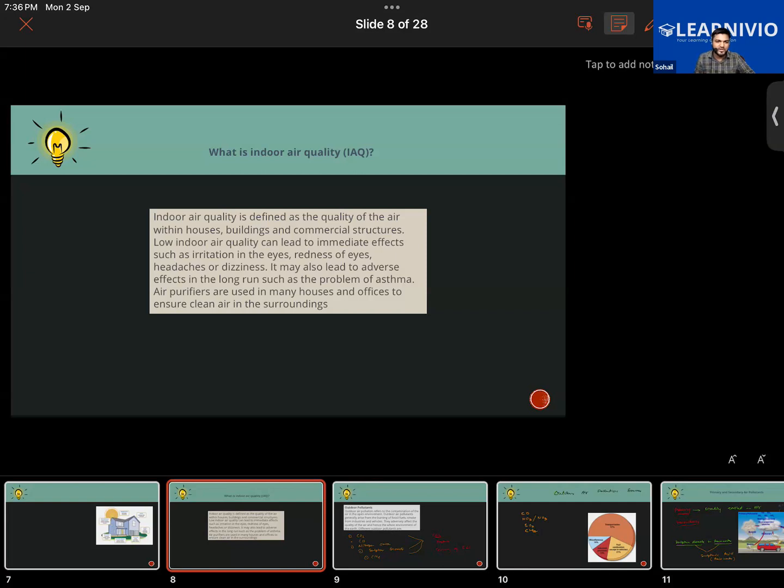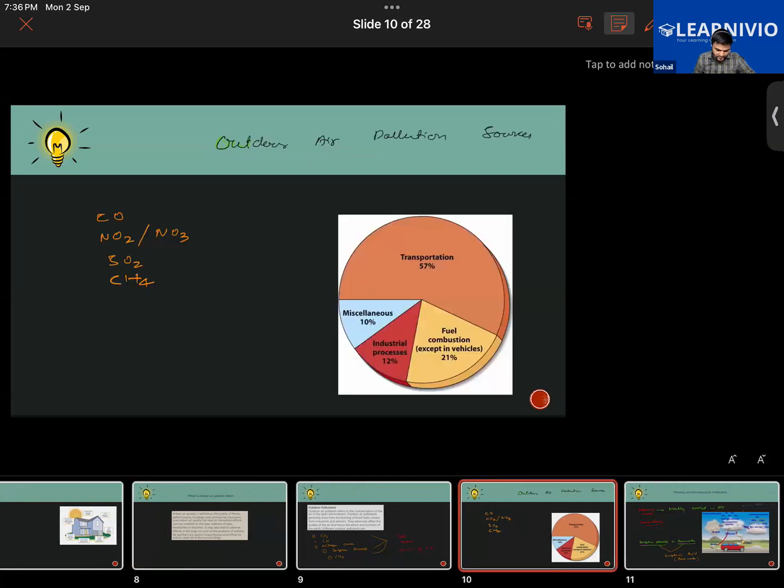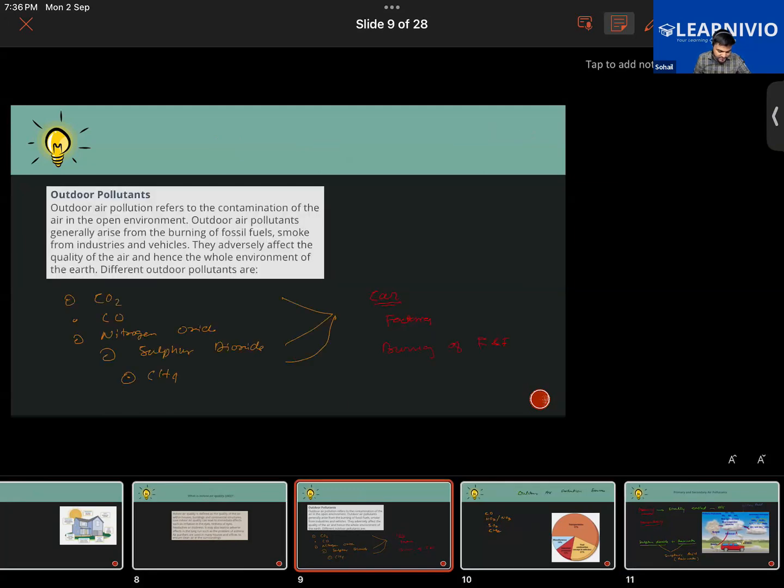These are some of the signs that our indoor air quality is not good. Then we did learn about outdoor air pollution sources, outdoor air pollutants.